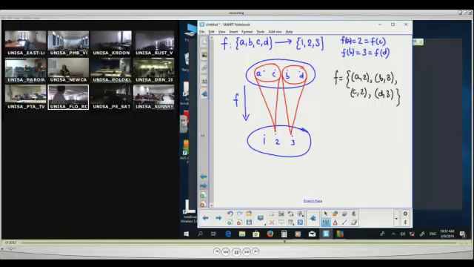So is it possible to leave maybe one element unpaired in the domain? No. Whenever you have something in the domain, there is an output.